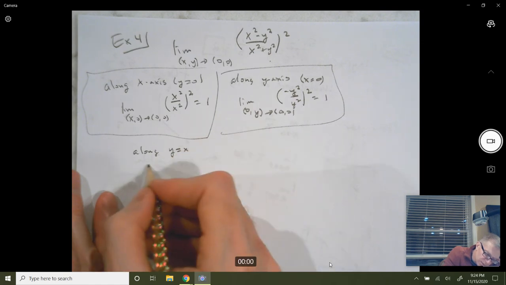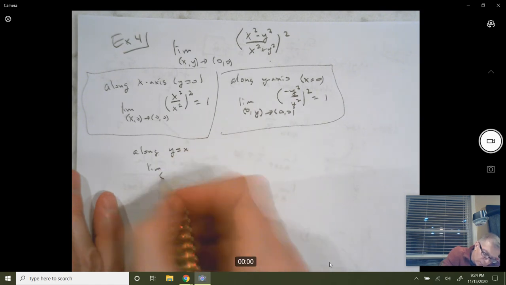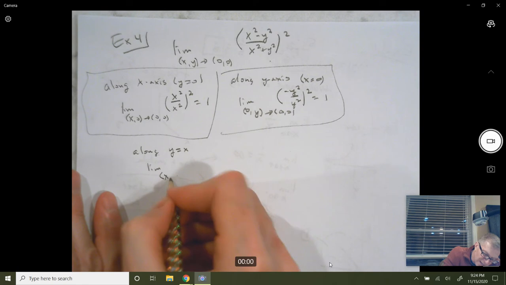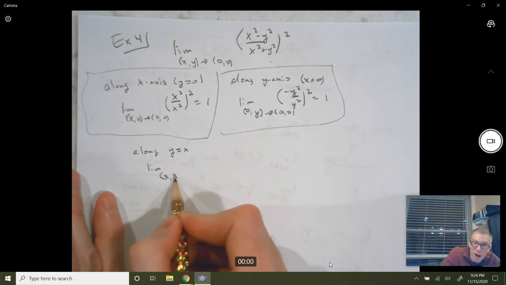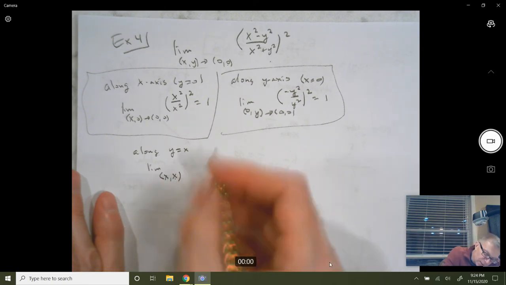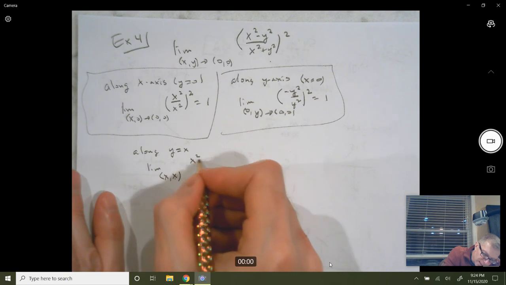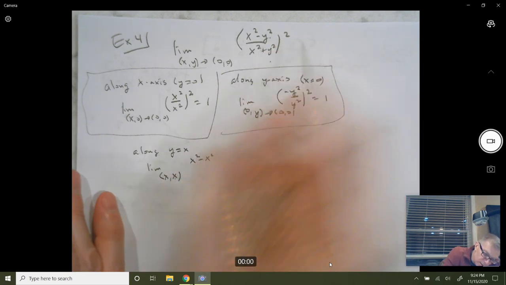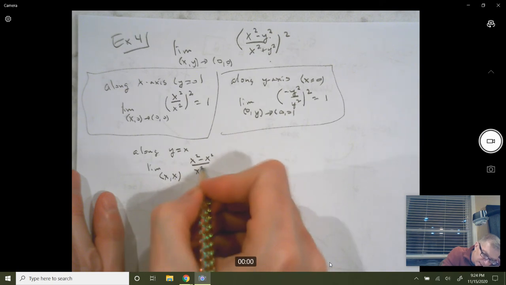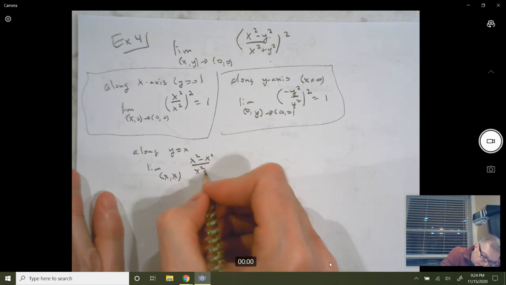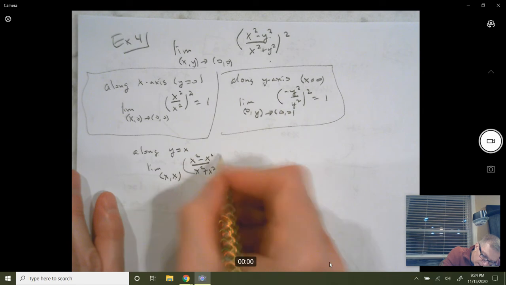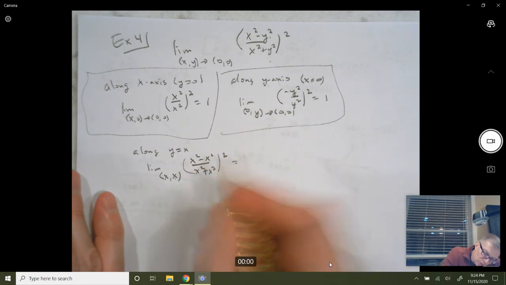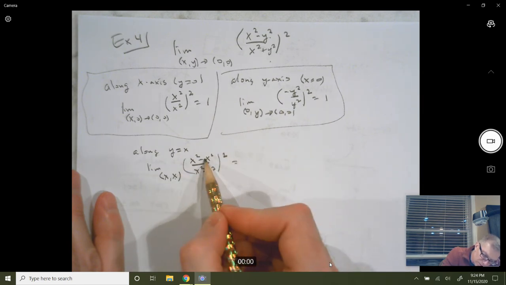So this is going to be the limit, if y equals x, I'm going to call this (x, x), because that should be my y equals x. And I'm going to get on the top x squared minus x squared, notice I've replaced the y with an x, over x squared plus x squared, quantity squared.